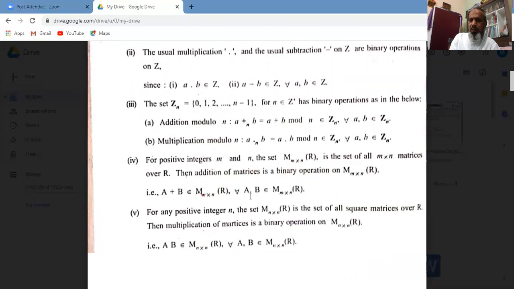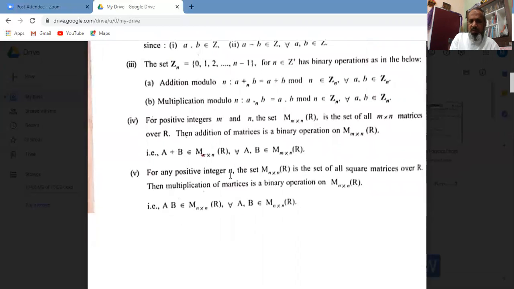If we take any two matrices of order m by n from this set, then the addition of two matrices A plus B is also of the same order and it also belongs to the same set. Hence, addition of matrices is a binary operation.